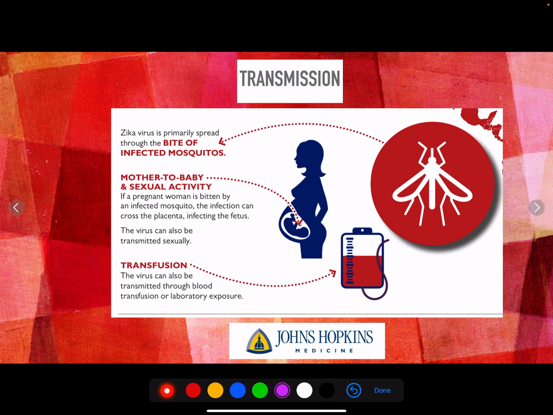So Zika virus is transmitted through mosquito bites. It's also transmitted from a mom to her child, from pregnant women to fetus. And that's where they're able to find the microcephaly and other brain defects. This happens because when the pregnant mom is bitten by the mosquito, the infection can cross the placenta, and then from there the fetus is infected.